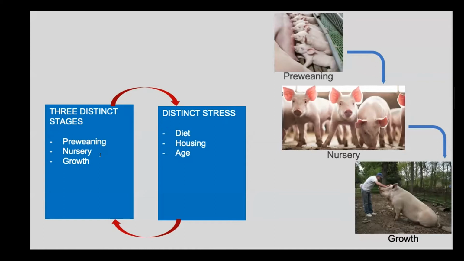Within these 3 stages, the pigs are always under stress, whether it is diet and housing or their age. The constant stress on these pigs changes their physiology and health, and it also changes the microbiome, and the microbiome then in a cycle affects the pig again, and this just keeps going round and round.